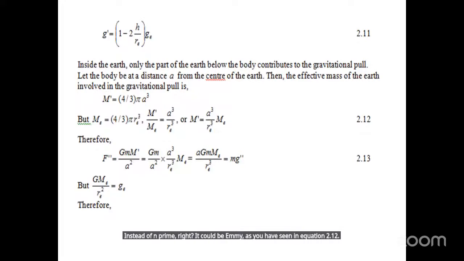That will give us a G m Me over Re cubed, which we shall call m g double prime, just as F equals mg, F prime equals m g prime, and F double prime equals m g double prime. For G Me over Re squared is Ge.